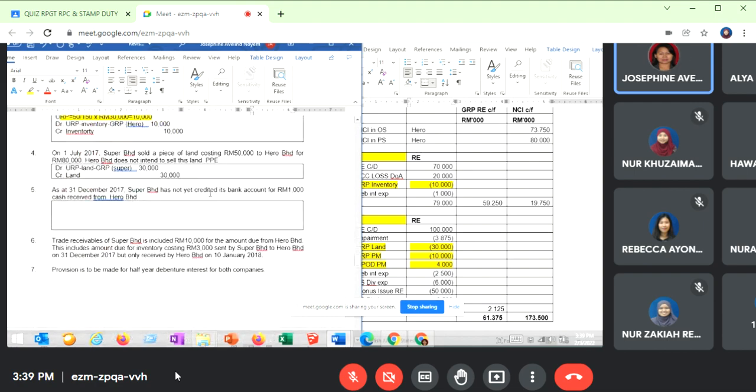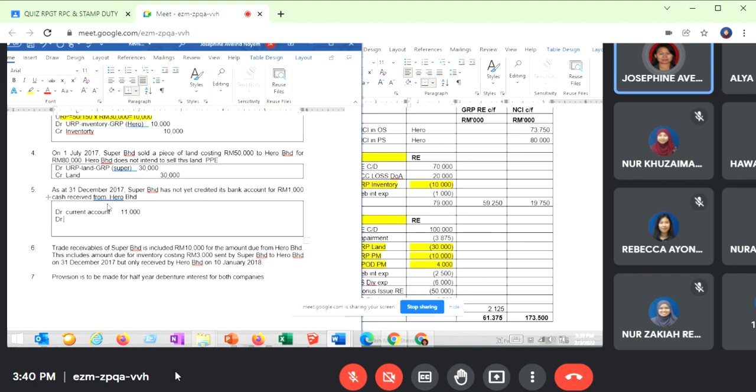Super has not credited the bank account from the cash received from Hero. So we're going to do cancellation. We're going to debit the current account, the liability we're going to cancel, so 11,000. And we're going to record the cash in transit, 1.